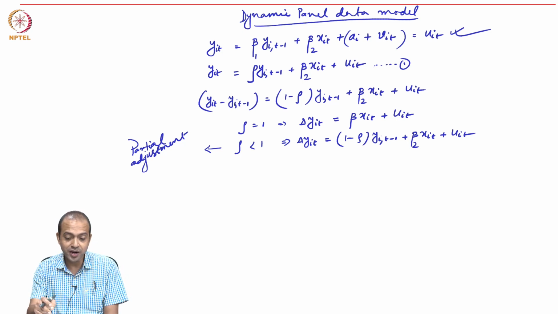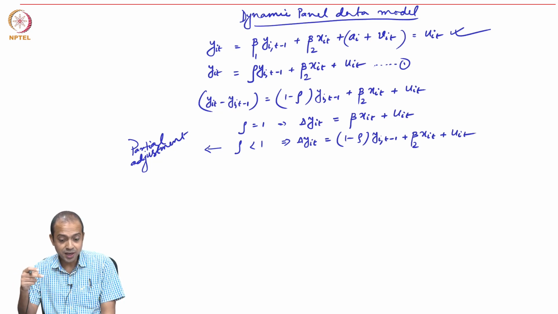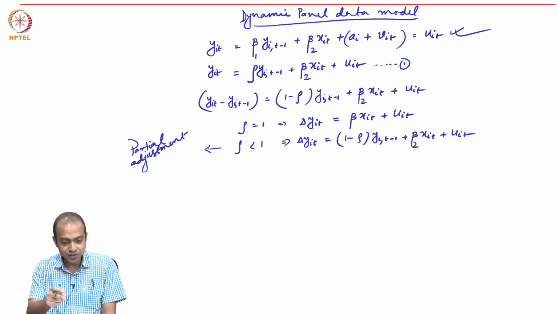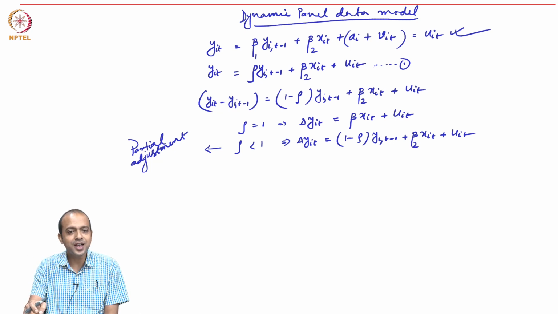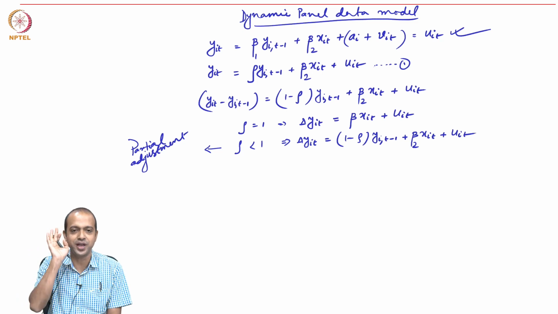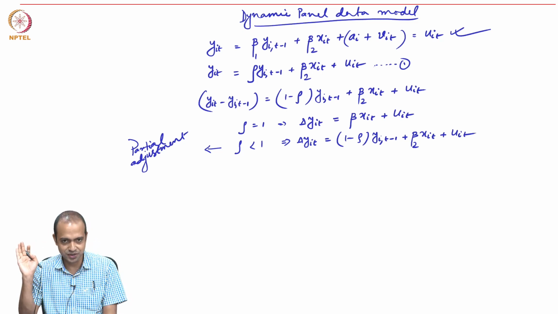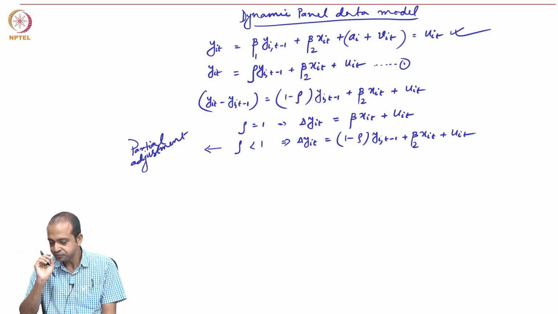Same equation I can write for y_it minus 1. So y_it is related to y_it minus 1 as well as v_it minus 1, and since y_it is correlated with v_it, v_it is also getting correlated with v_it minus 1 through the channel of y_it. That is how the presence of a lag dependent variable generates autocorrelation in the problem.